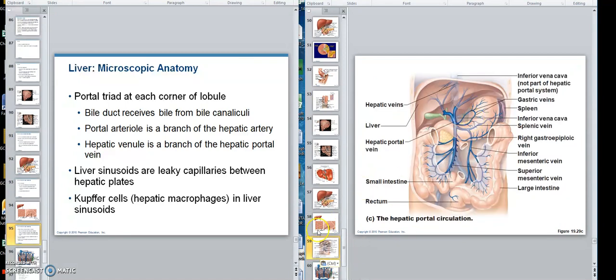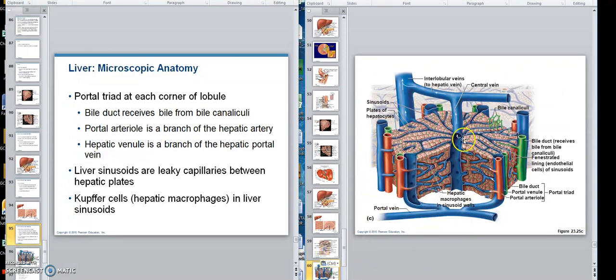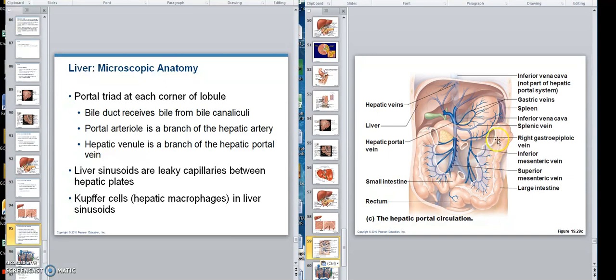So you can see now, when this comes, it comes up and then goes into that central vein. Then this arteriole and the central vein would eventually all come together to give the hepatic veins and go into the inferior vena cava. All right, that's how that works.